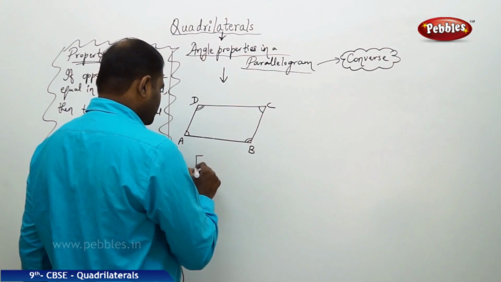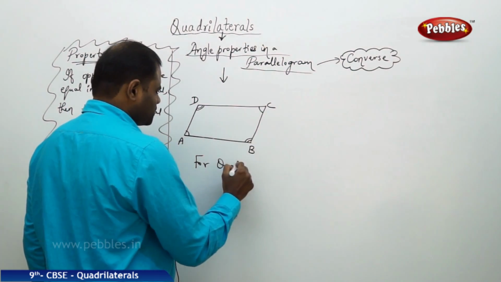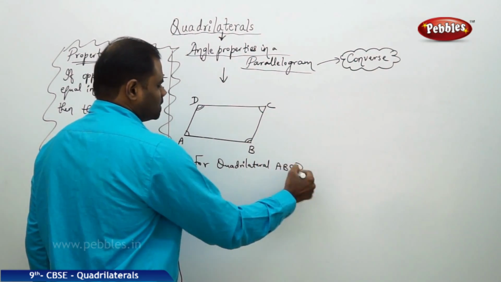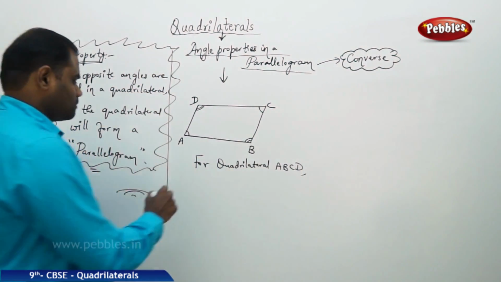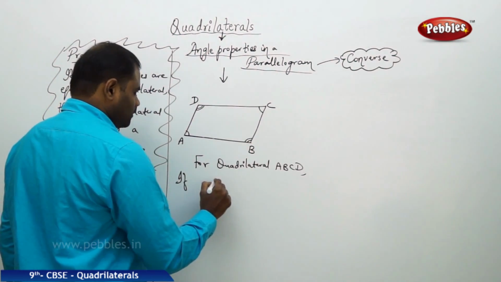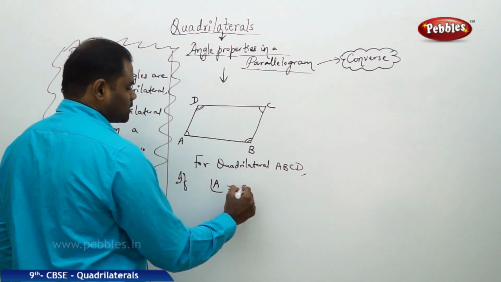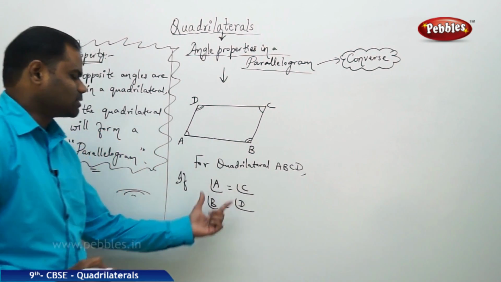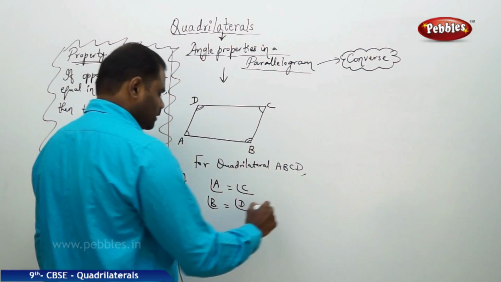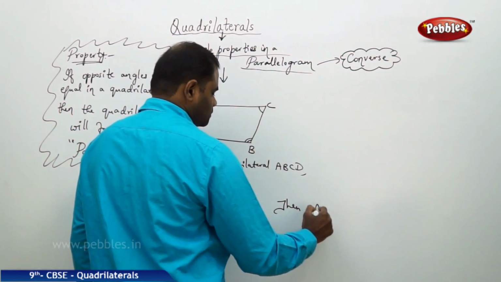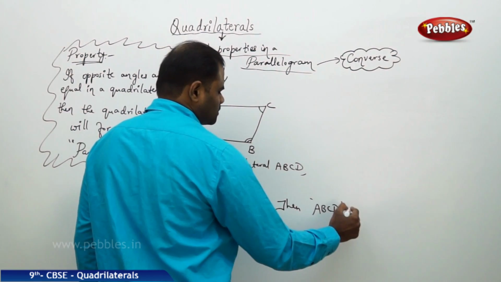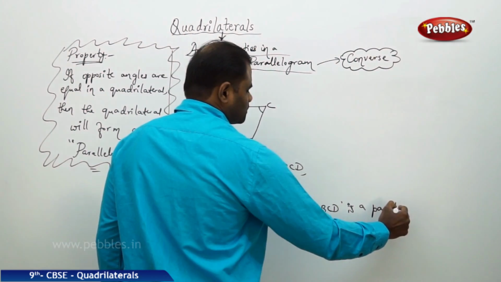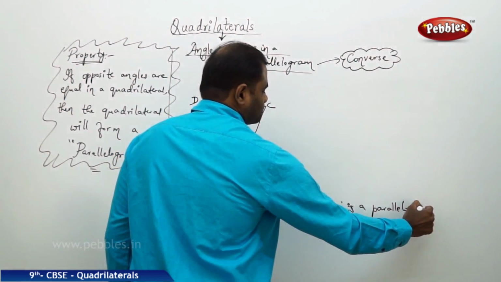Therefore, for quadrilateral ABCD, which we have out here, if angle A equals angle C and angle B equals angle D, that is opposite angles are equal, then ABCD is a parallelogram.